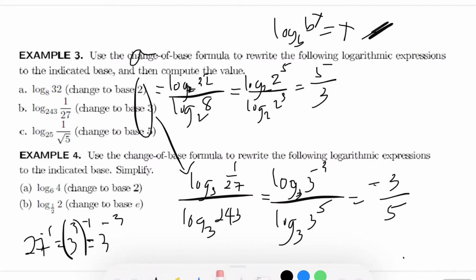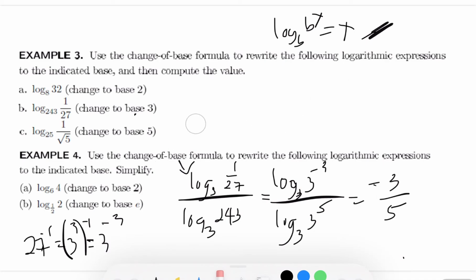Okay, I will erase this. So let's have letter C. So again, this is log of 1 over square root of 5 base 5 over log of 25 base 5.